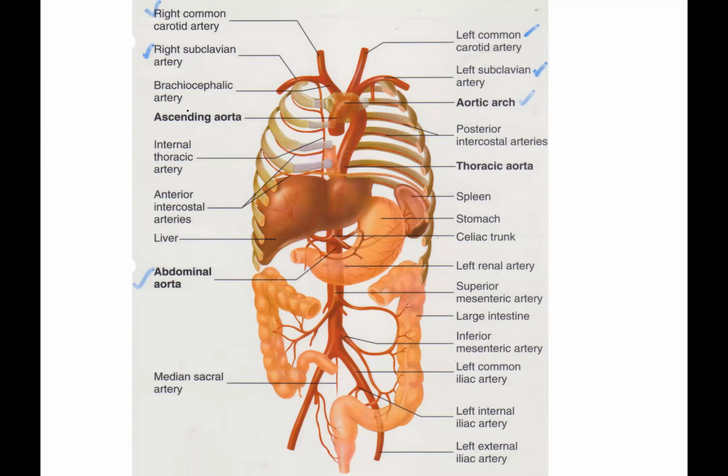So you have the ascending aorta, so the up part, you have the aortic arch, and then you have the descending aorta.